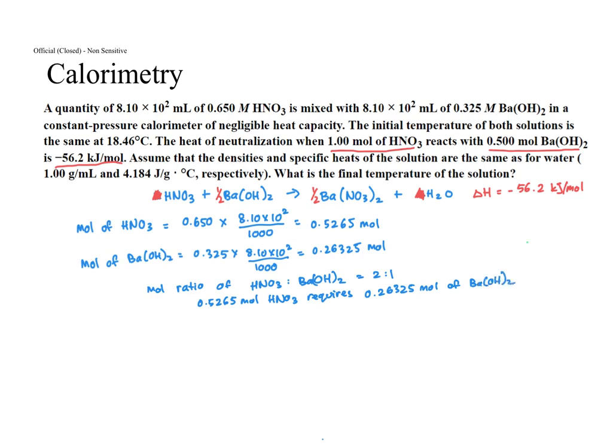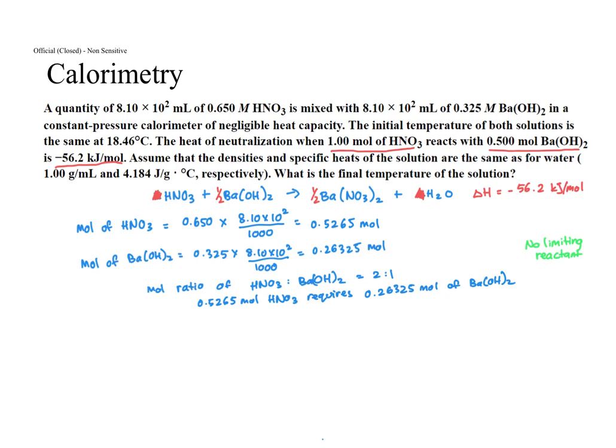So basically, there is no limiting reactant. So to find the heat of the reaction, we can either use the moles of nitric acid or the moles of barium hydroxide because there's no limiting reactant.